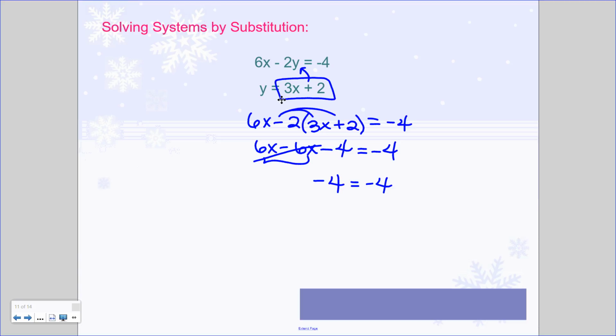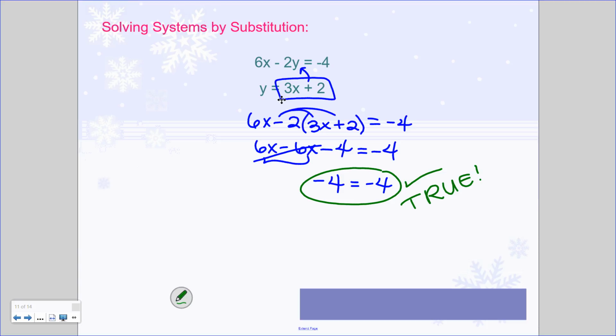If you notice that your variables go away, but the statement you're left with is true, this represents a special scenario. If you'll remember, our systems can have one solution, no solution, or infinite solutions.